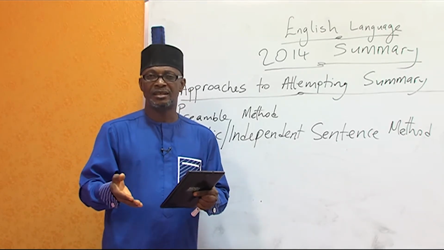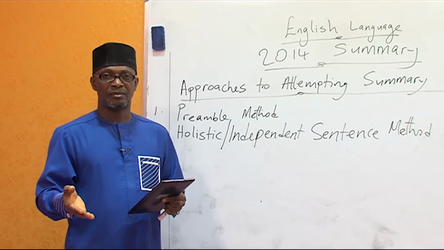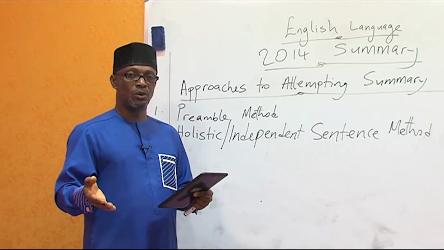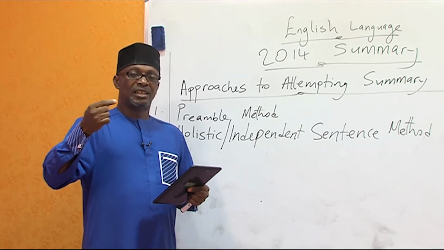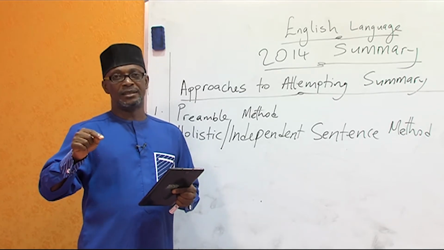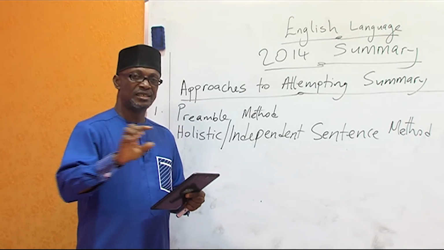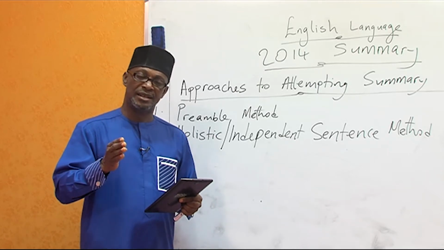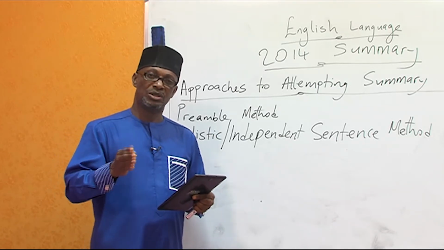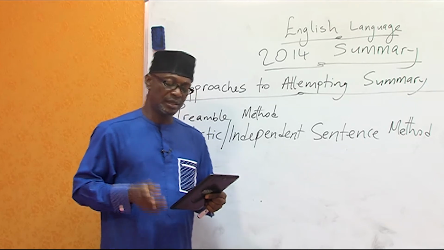For instance, handset telephone, mobile phone can go. But in the bid of doing that, don't change the idea. The meaning, the idea must remain. It must not be missing.